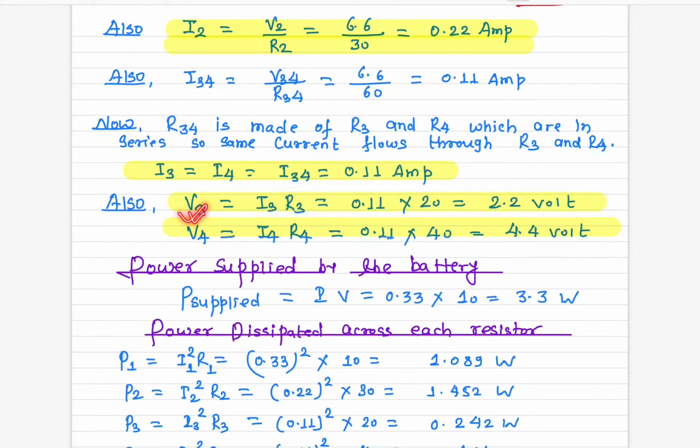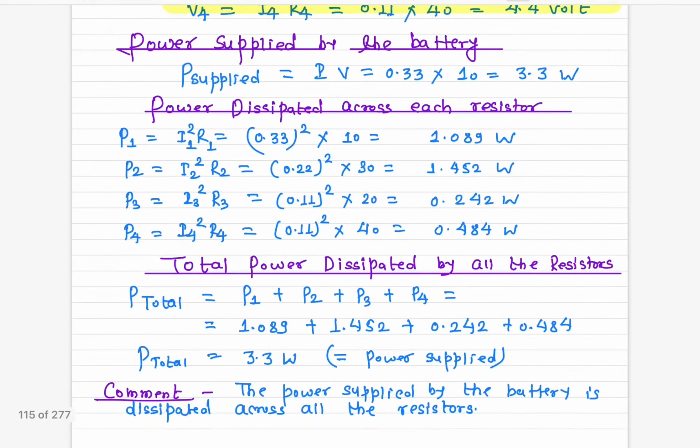So V3 is now I3 times R3, and we calculate 2.2 volts. And V4 is again 0.11 times 40, which is 4.4 volt. Once you know all the voltages, we can find the power supplied by the battery.